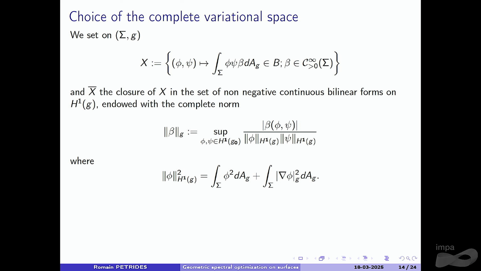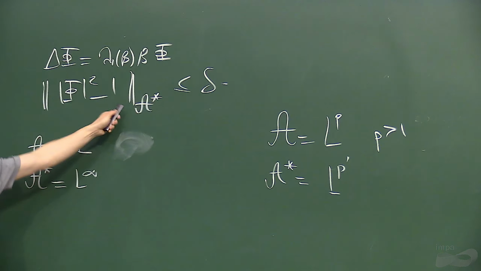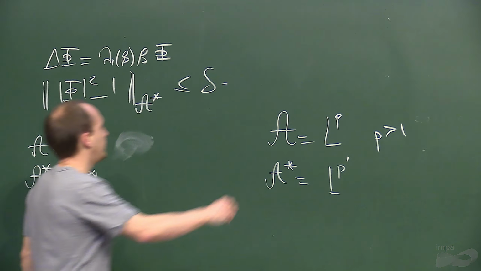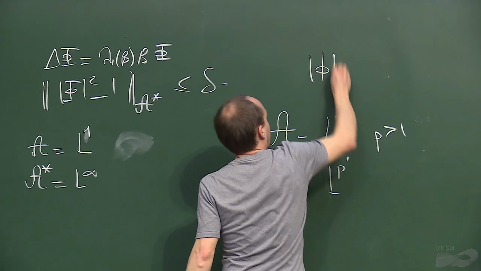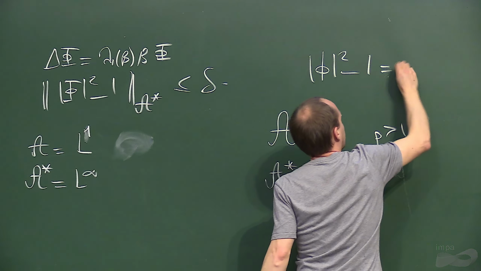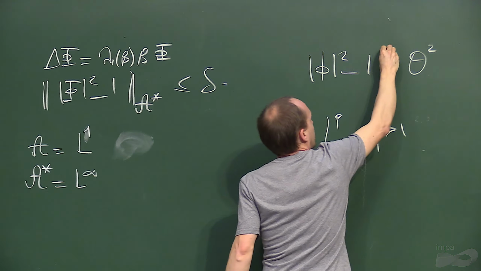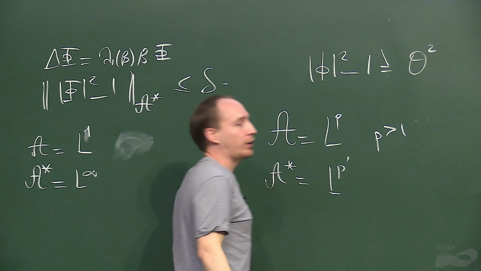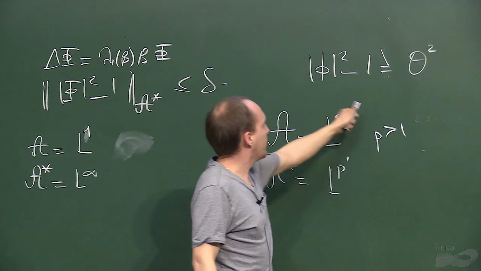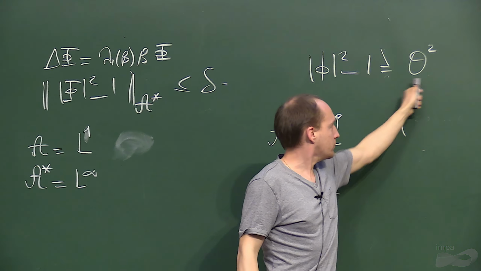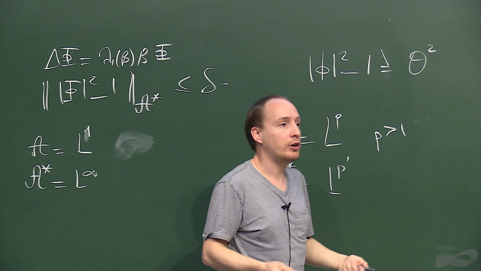And another property is that you want a very good Euler-Lagrange equation, in some sense. Here the Euler-Lagrange equation will be like phi squared minus 1 is something like the square of an H1 function. For technical reasons, you just have an inequality, but it's something like the square of an H1 function, which is small in H1.